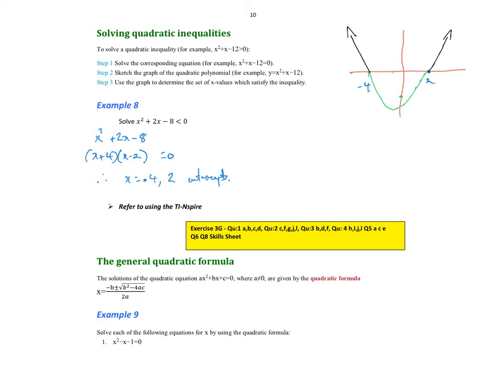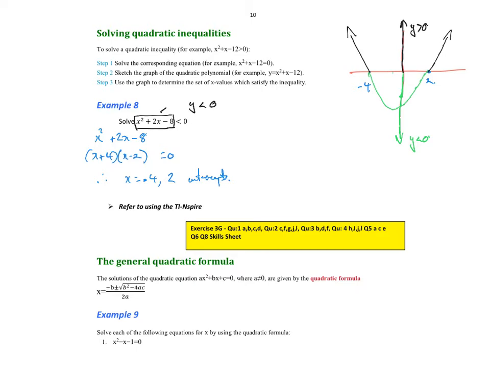And the reason I've changed the colors there is because what the question is talking about is whereabouts the function is less than 0. So in other words, where is y less than 0? If I look at this graph, these are the y values that are less than 0. These y values are greater than 0.